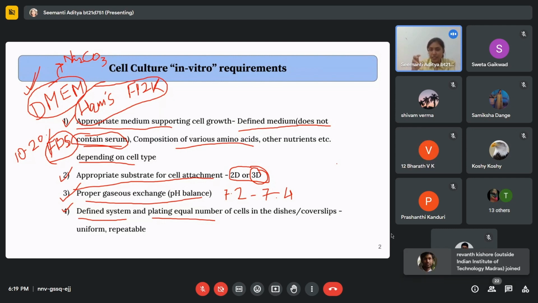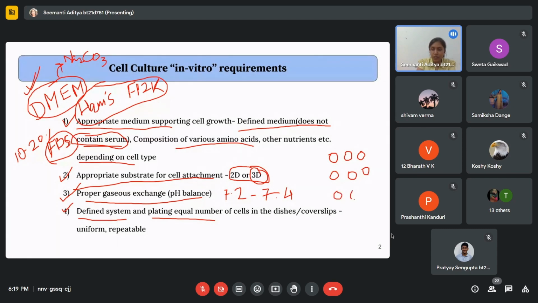Biological replicates means, suppose on one day of the experiment you have done 3 cover slips, the second day again you do 3 cover slips, and the third day again we do 3 cover slips. So this is day 1, this is day 2, and this is day 3.